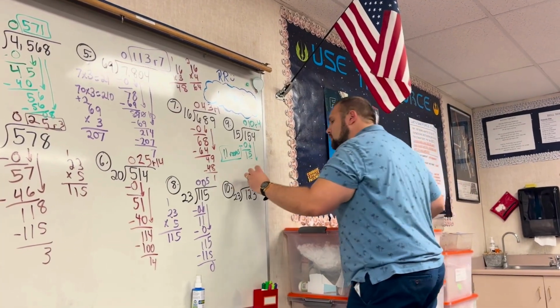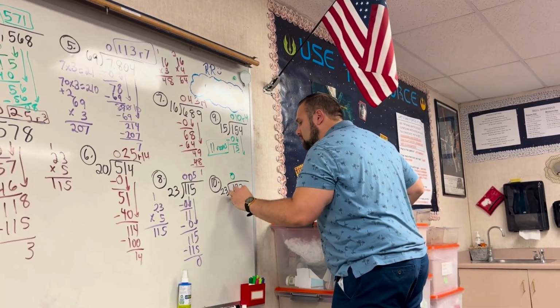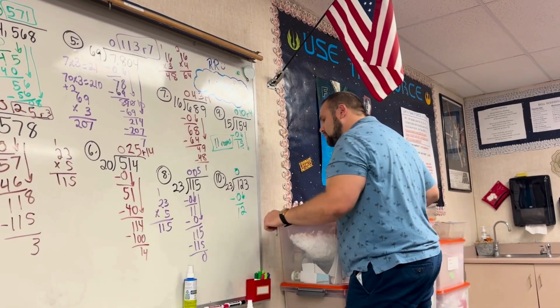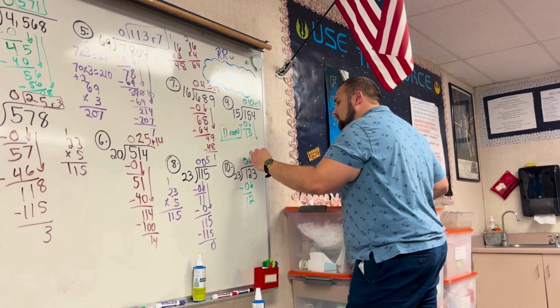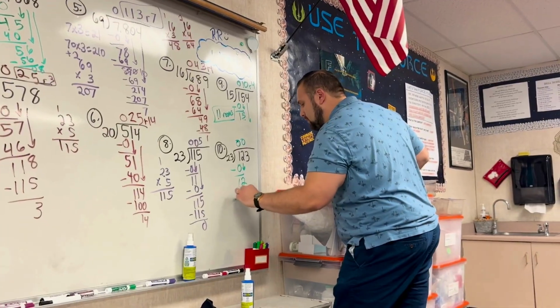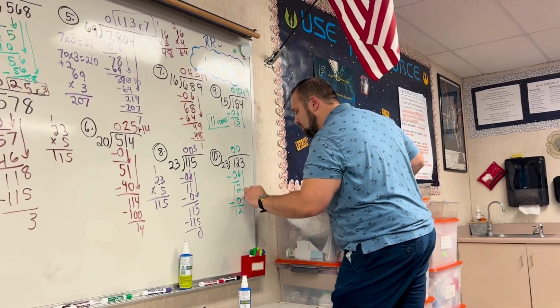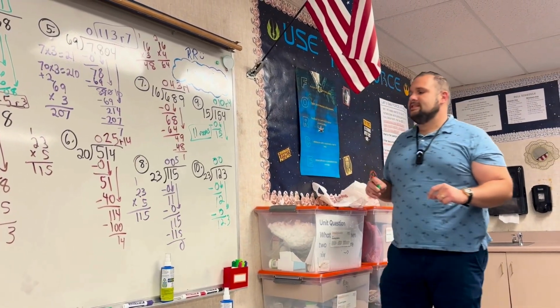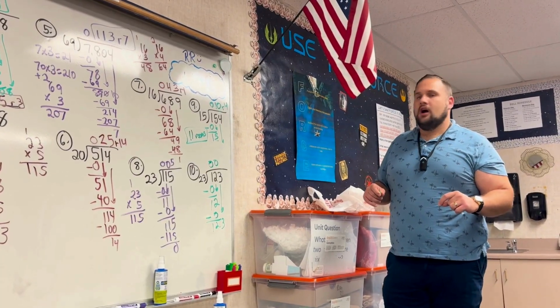So 23 doesn't go into 1 at all, so we put a 0. 23 times 0 is 0. 1 minus 0 is 1. Bring down the 2. 23 doesn't go into 2 at all, so we put a 0, okay? And now we bring down the 3. Now, I know 20 times 6 is 120.